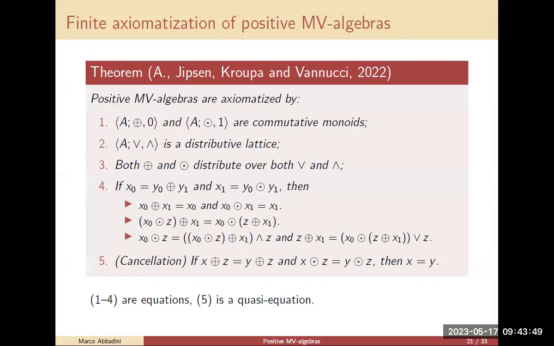Now if you collapse all the infinitesimals, you get a 3-element algebra, which is a homomorphic image, but it's not a subreduct. Not so easy an example.